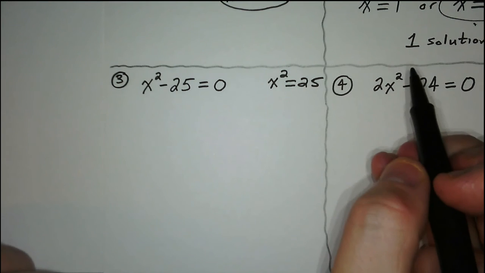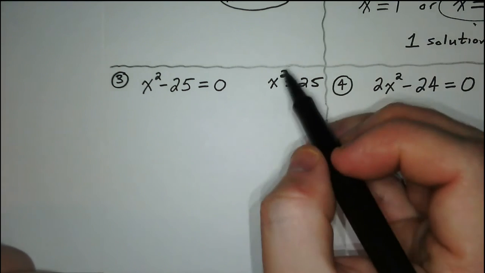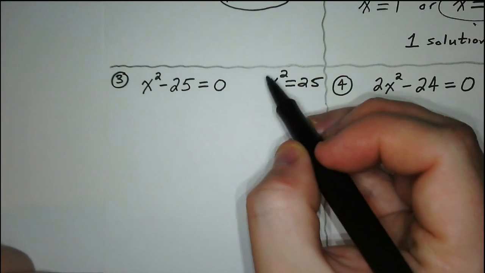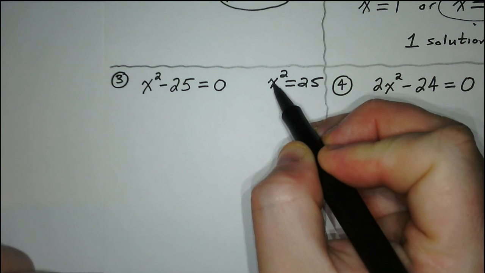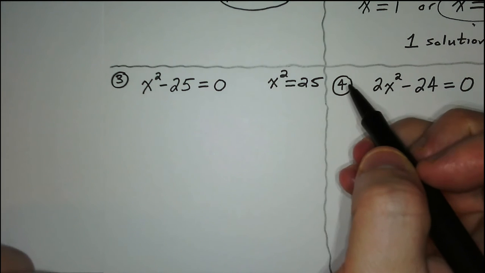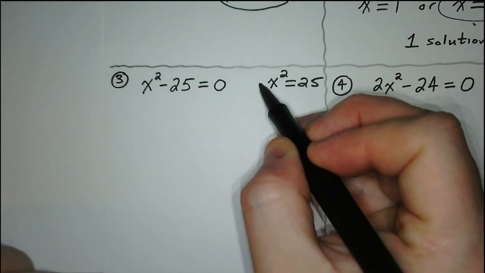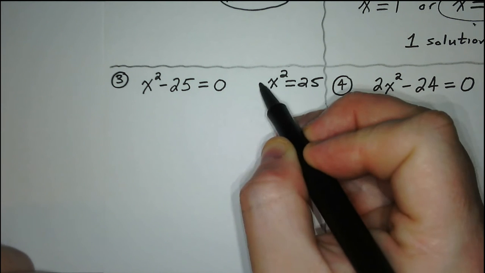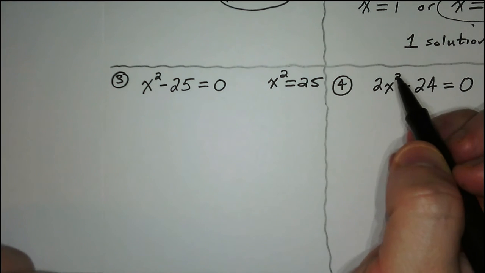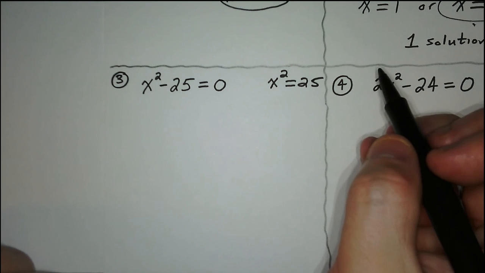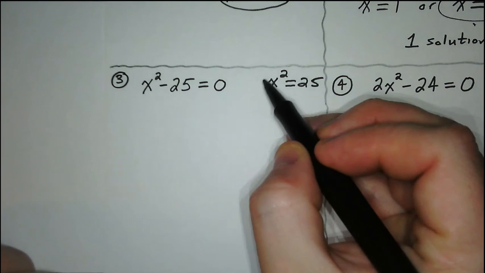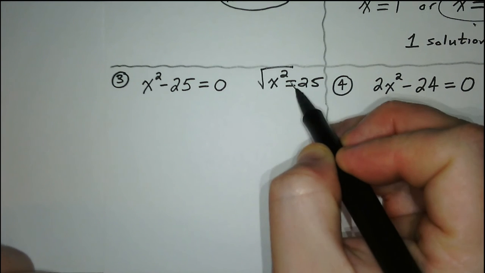But you're going to see a lot of teachers say to do this at this point. In order to solve for x and make an x squared into just x, what's the opposite of the second power? What's literally the opposite? Taking the square root.